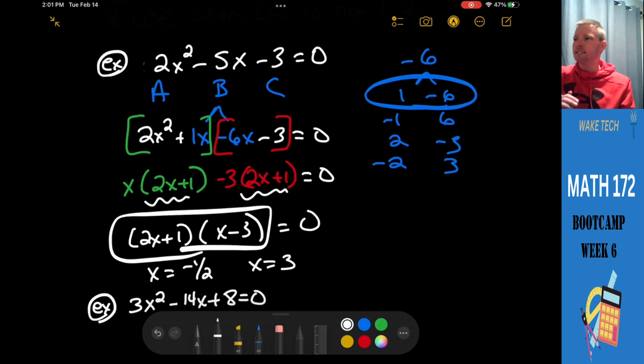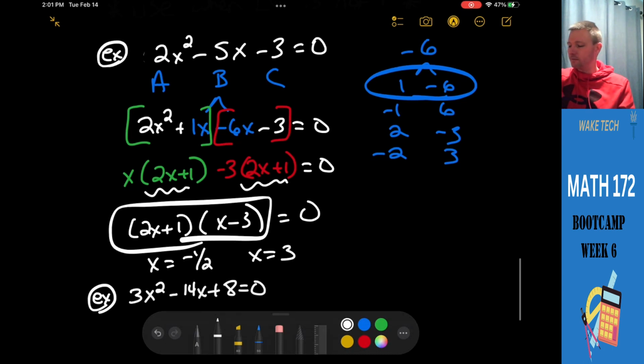And again, that's called the AC method. Maybe you've seen it before. Some of you indicated that you were comfortable factoring things when the leading coefficient is not one. The AC method is one of those ways. You certainly don't have to use the AC method. If you have some other approach, that's totally fine as well.